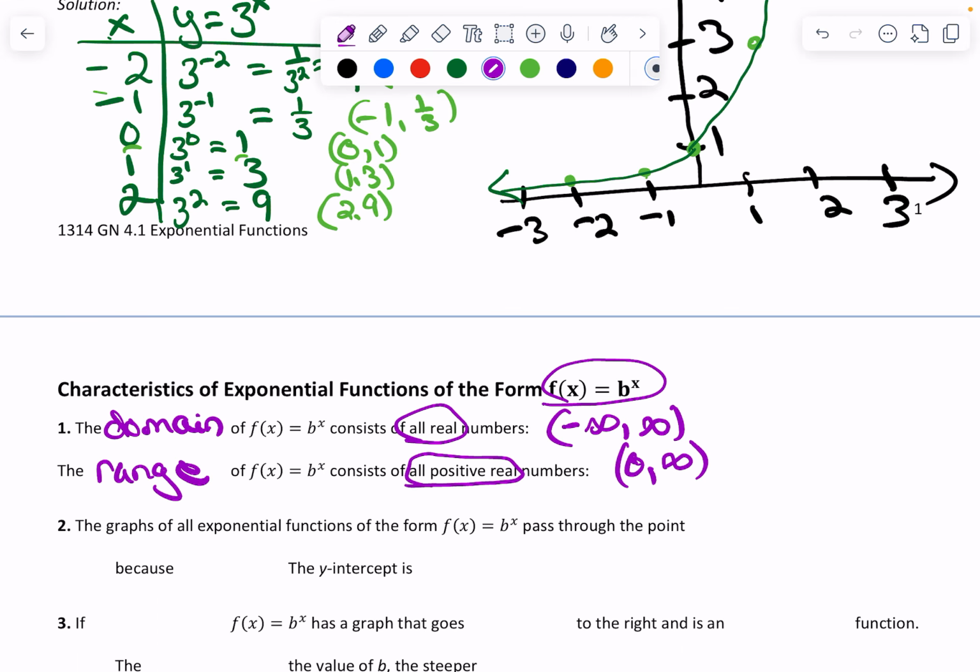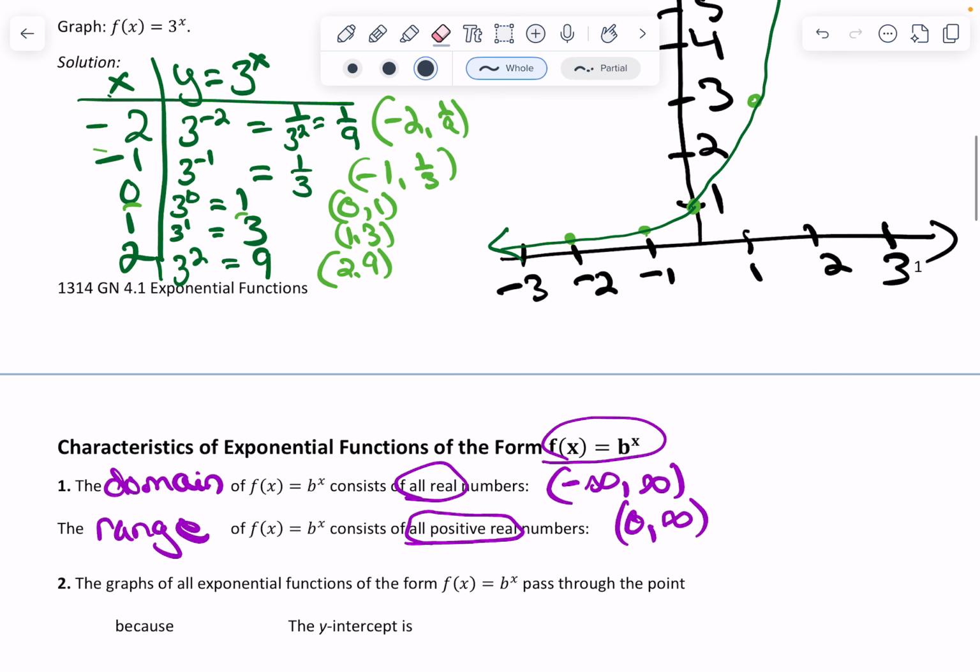There's one point that every single graph of an exponential function passes through, and that is this point right here, 0, 1.